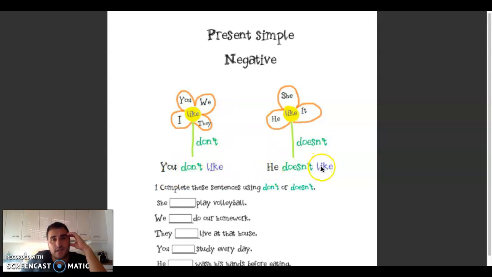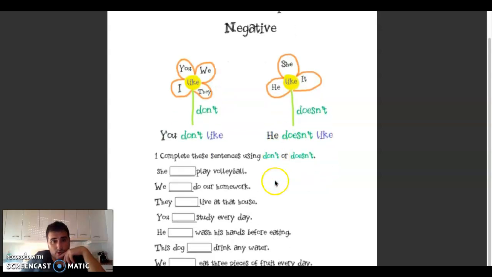So now, on the exercise, it says, complete these sentences using don't or doesn't. Remember that with these subjects, we use doesn't, and with these other subjects, we use don't.